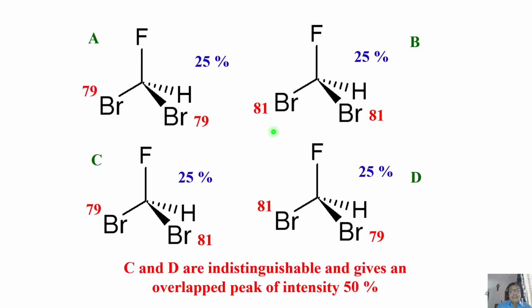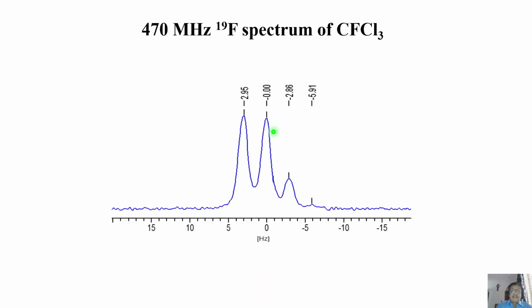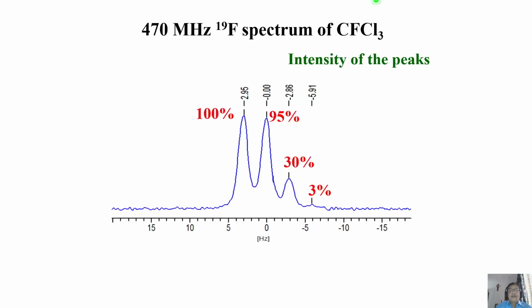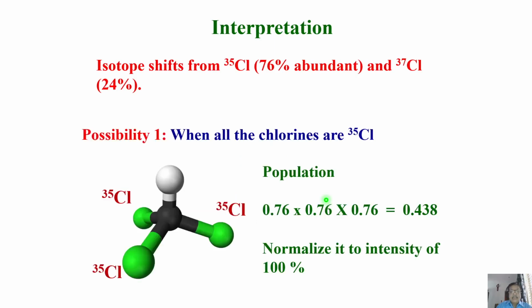Now next, I said this was already discussed for the CFCl3 molecule. I said there are four possible peaks we get for CFCl3, with 100%, 95, 33% intensity. Now, how do I understand this? I explained this to you. There is a possibility all the chlorines could be 35, with 76% abundance, and I worked out and showed you this is the intensity. I normalized to 100%.